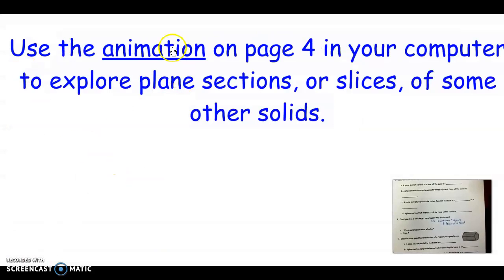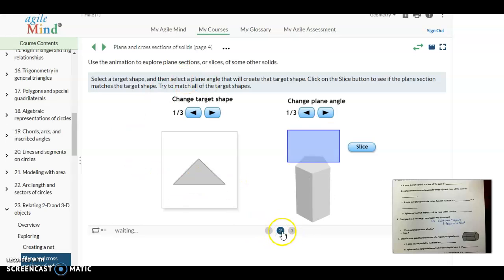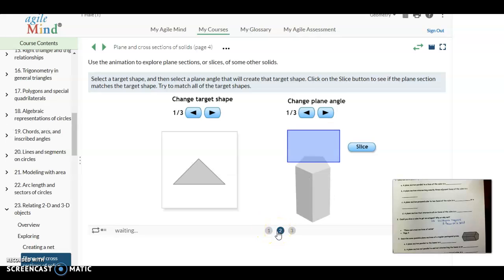All right, so our next animation, also on Agile Mind, so go back to where you were doing the first part of the lesson, and you have 3 different panels down here. Notice down here at the bottom, you've got 3 different solids you're looking at: a square pyramid, a right pentagonal prism, and a cylinder.